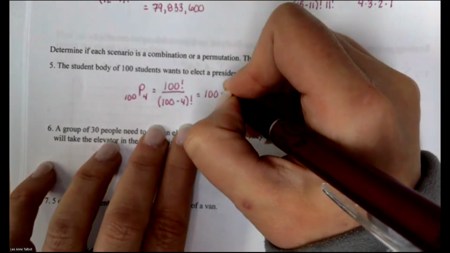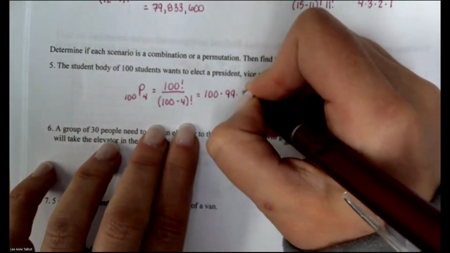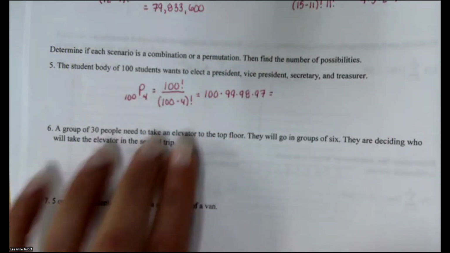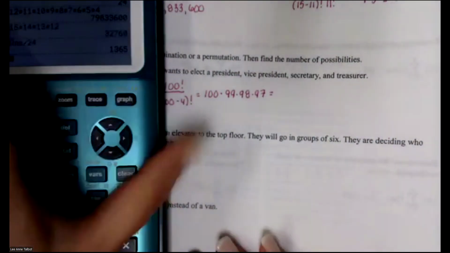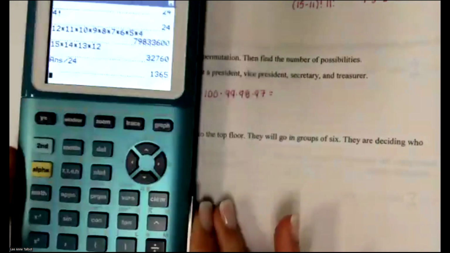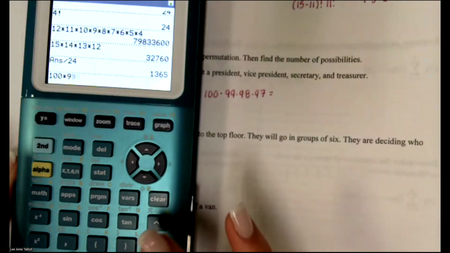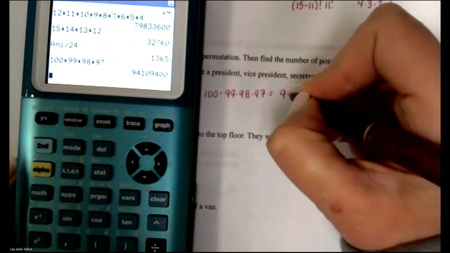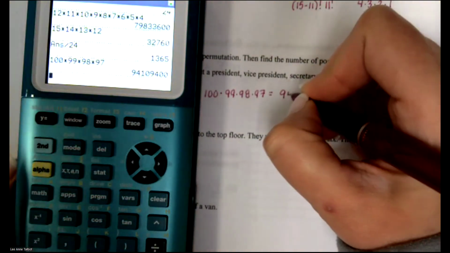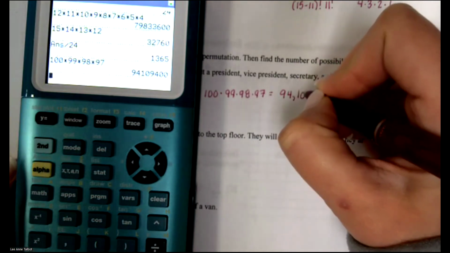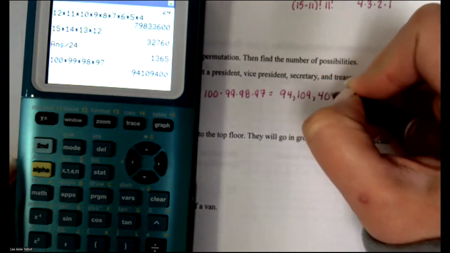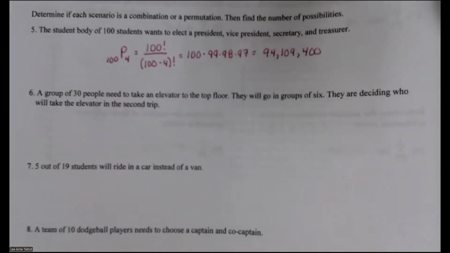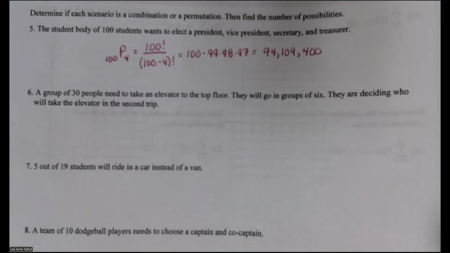So 100 times 99 times 98 times 97. A lot of different ways.